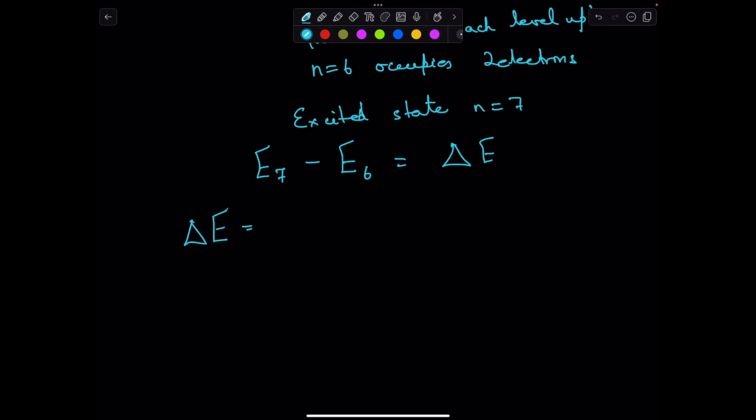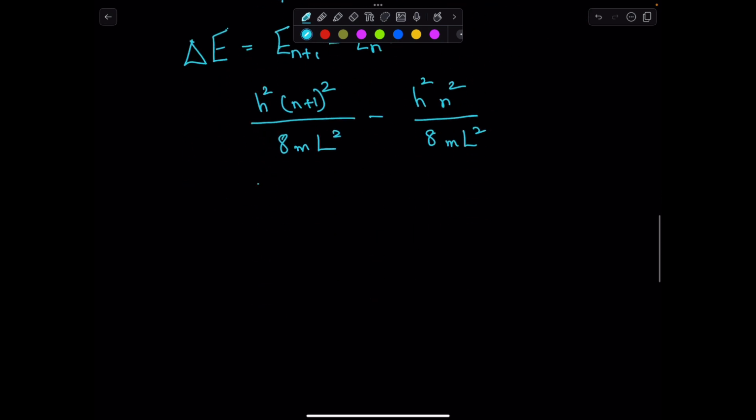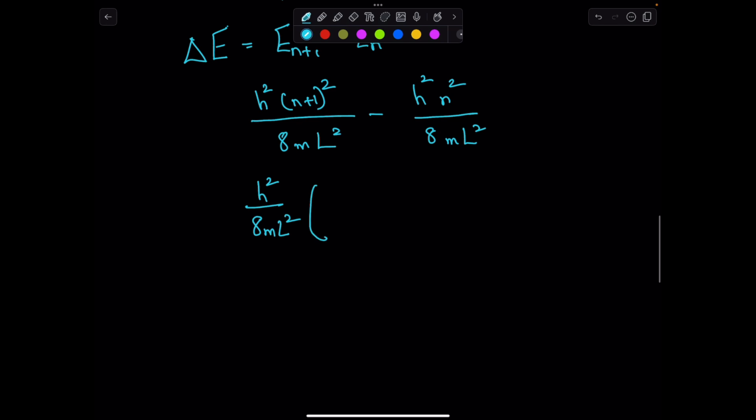So delta E will be equal to E of n plus 1 minus E of n, which is h squared (n plus 1) squared by 8 m L squared minus h squared n squared by 8 m L squared. If we take h squared by 8 m L squared outside, we have (n plus 1) squared minus n squared.